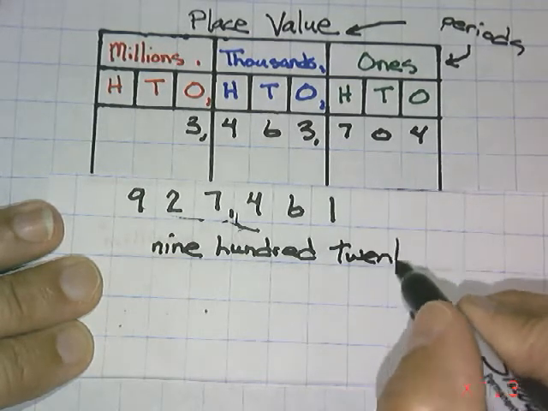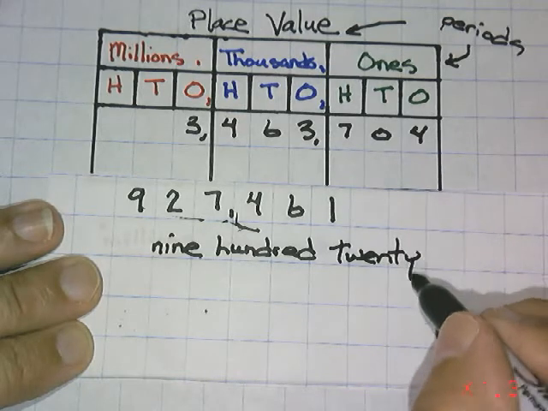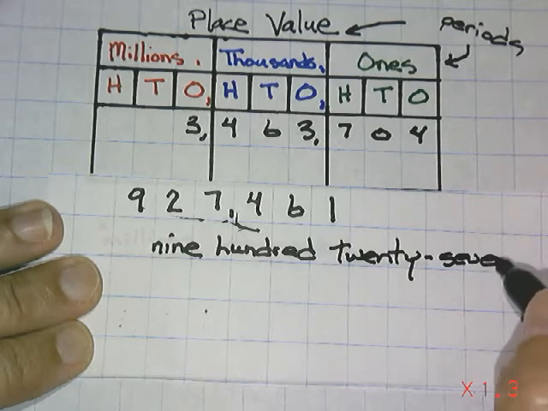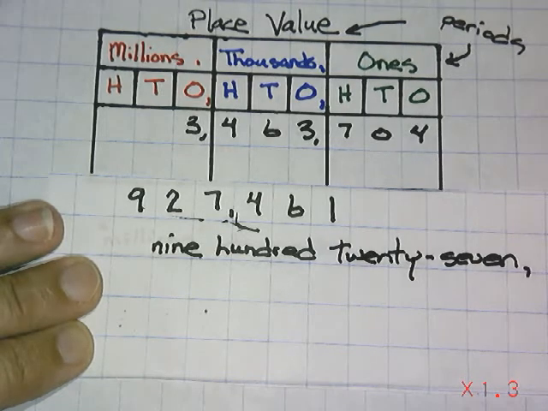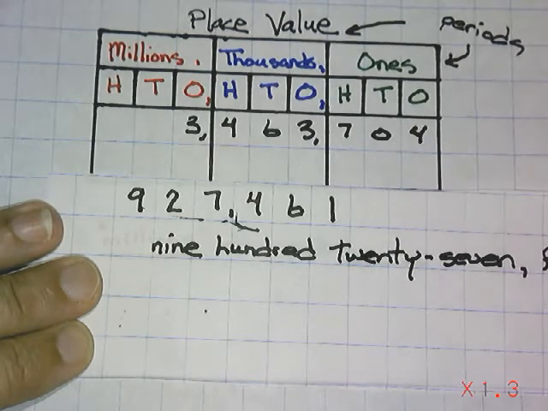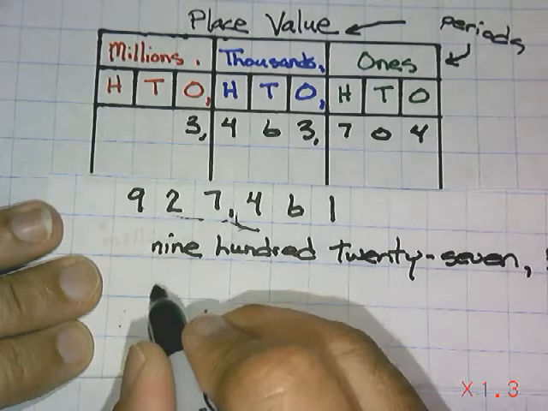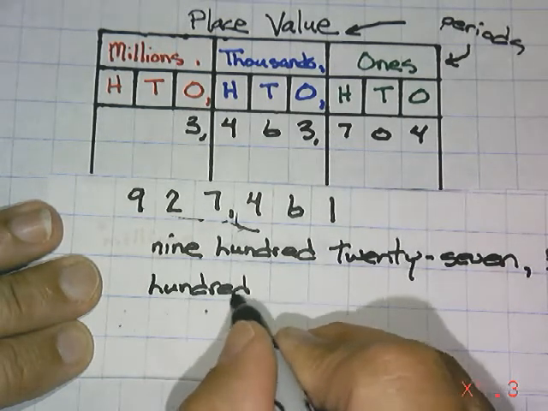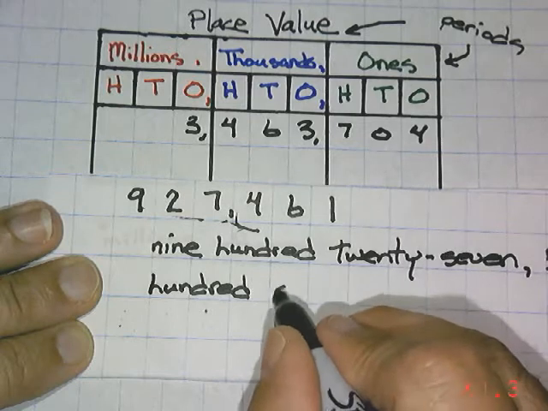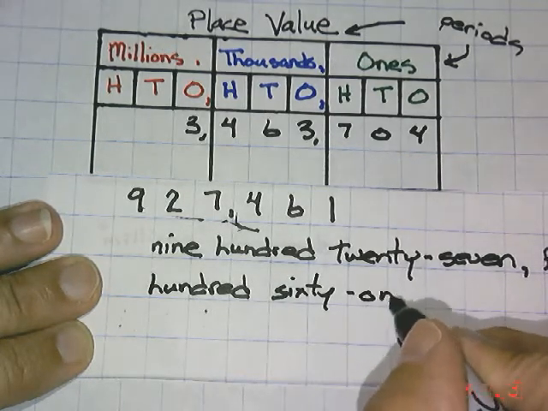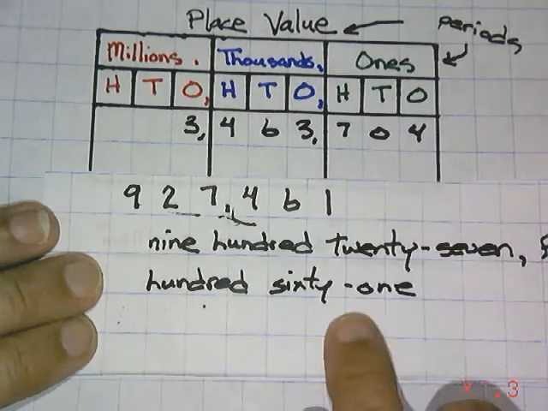It's not the funnest thing in math, I admit. Don't forget your comma between the periods. Four hundred sixty-one. So there we go, 927,461 in word form.